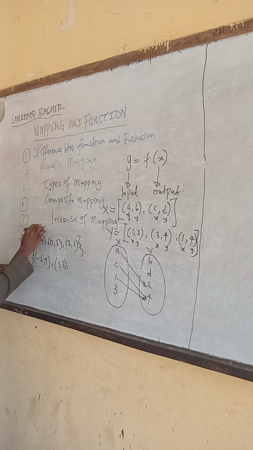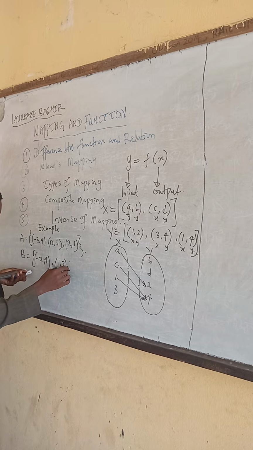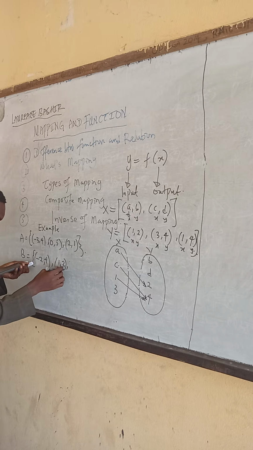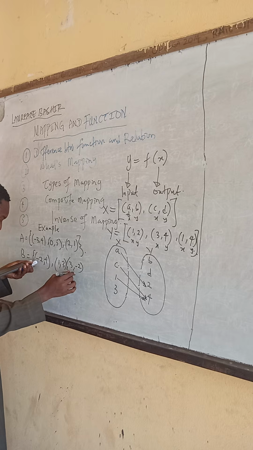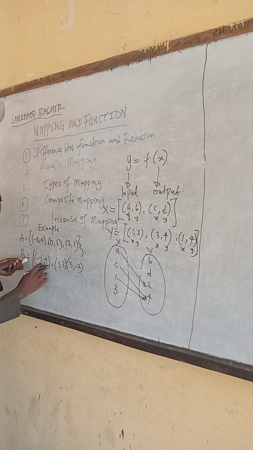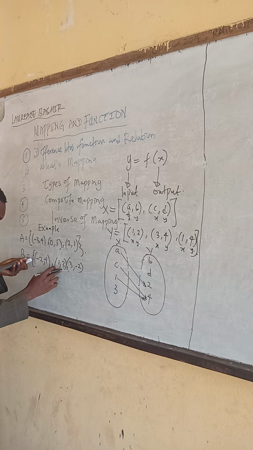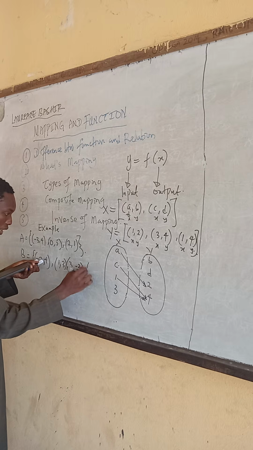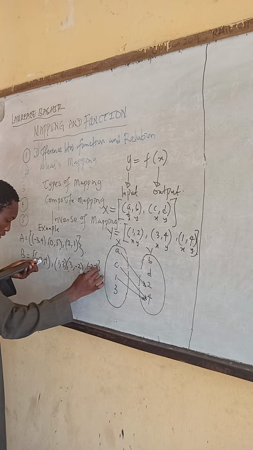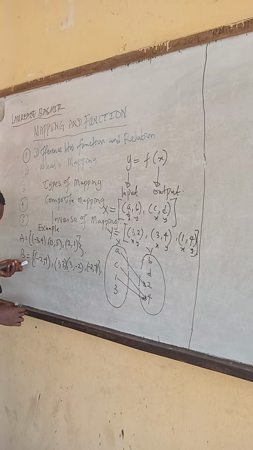So this is another example, this is set A and this is set B. We are having 1 comma 3, 3 comma minus 2, and the last one, minus 2 comma 4, 1 comma 3, then minus 2 comma 7. So this is what you are having.